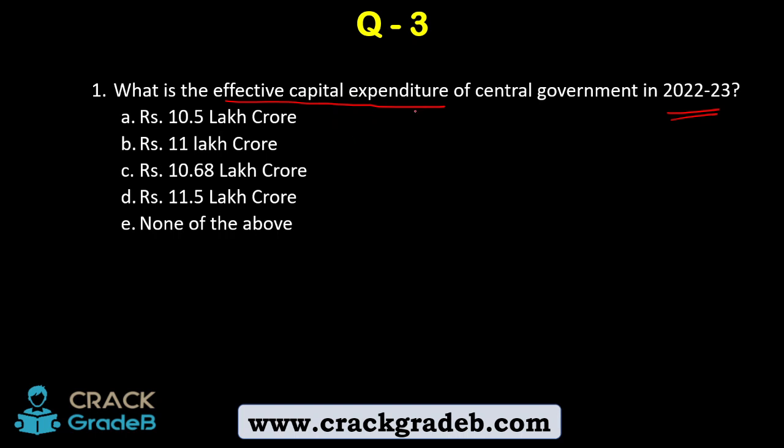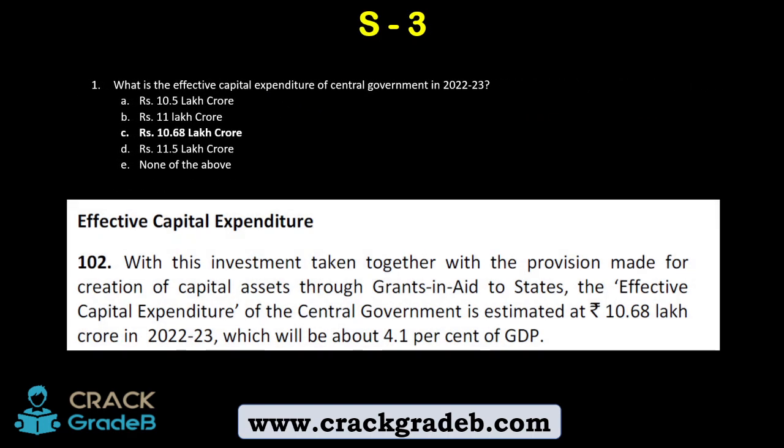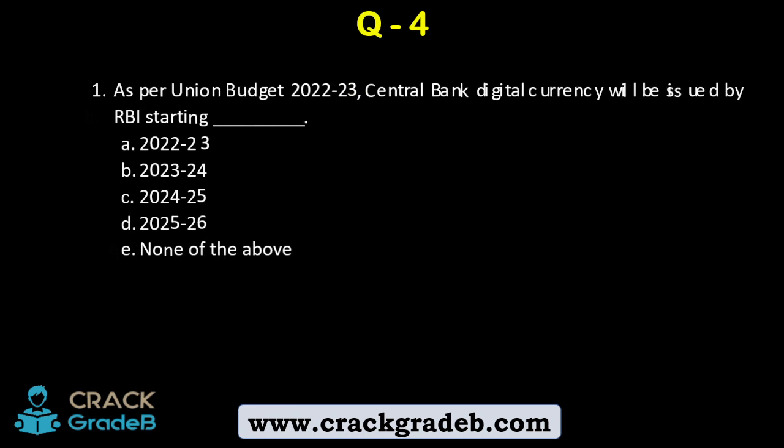This particular point has been discussed in two or three places, and that's why we thought of keeping it as a question. The answer is 10.68 lakh crore in 2022-23, which will be about 4.1% of the GDP. These are things you should remember. You do not have any other option to skip. Let's move to question number 4.